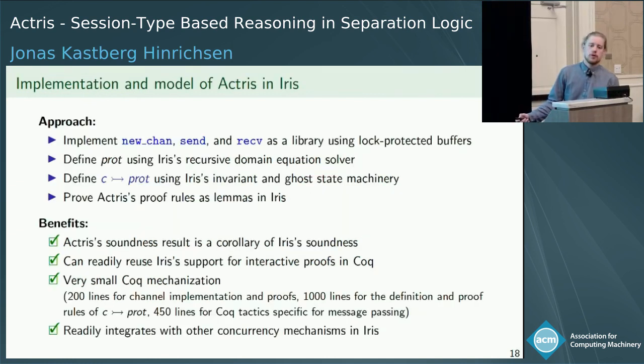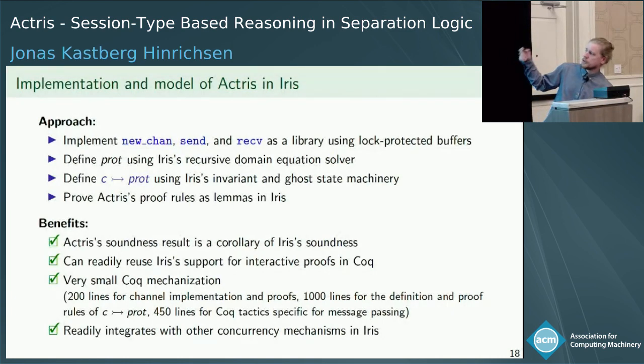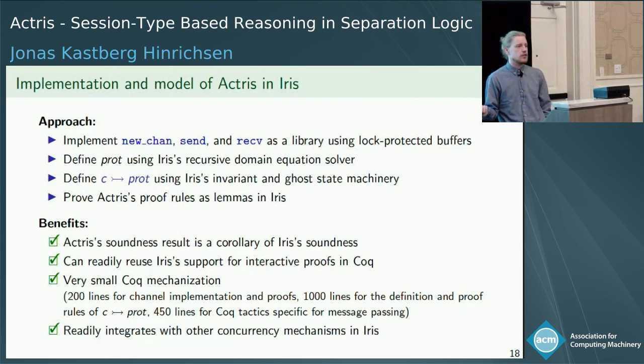The approach is then to first implement our message passing primitives as a library using lock-protected buffers. We then define the dependent separation protocols using Iris's recursive domain equation solver. And then we can define the channel endpoint ownership using Iris's invariant and ghost state mechanisms.